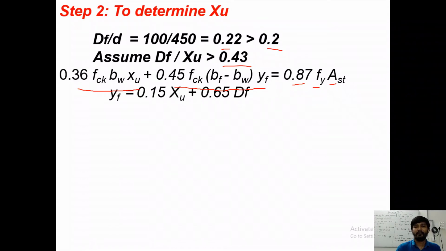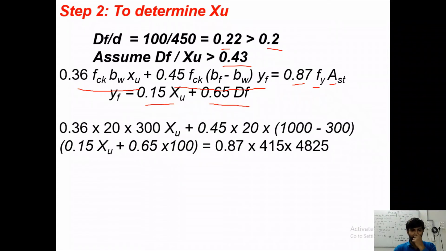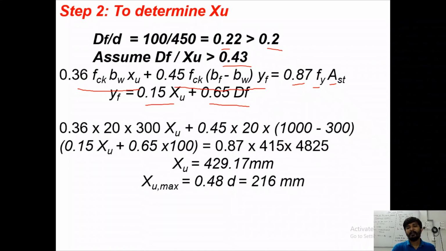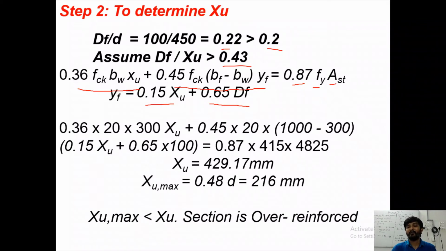And YF is equal to 0.15 XU plus 0.65 DF. Substitute all the values and you get your XU value as 429.17 mm and XU max is 0.48 times D. I am getting it as 216 mm.